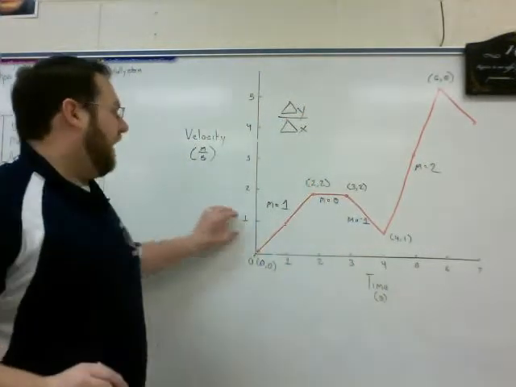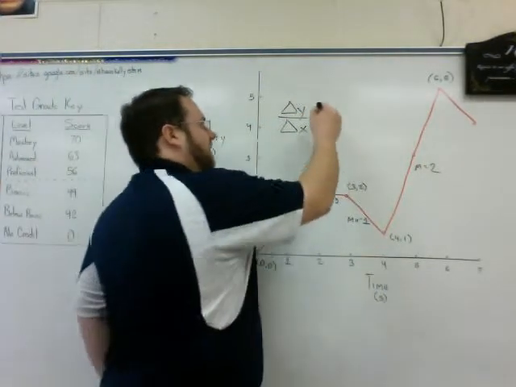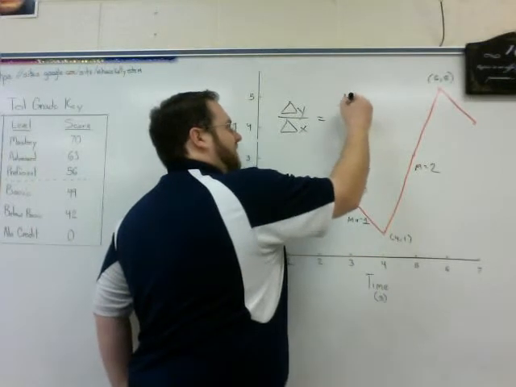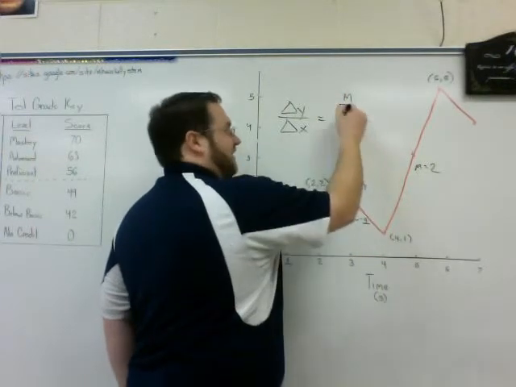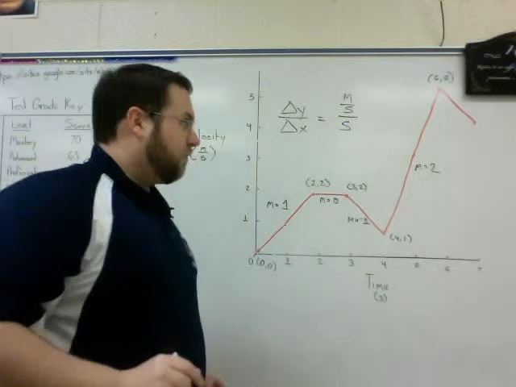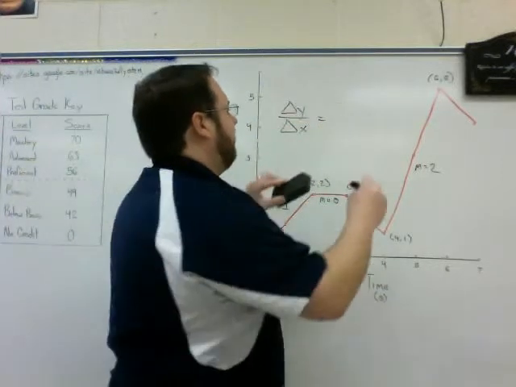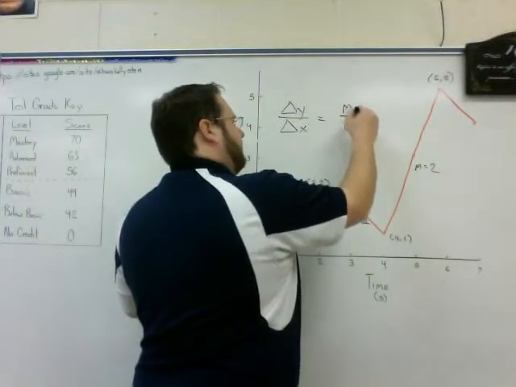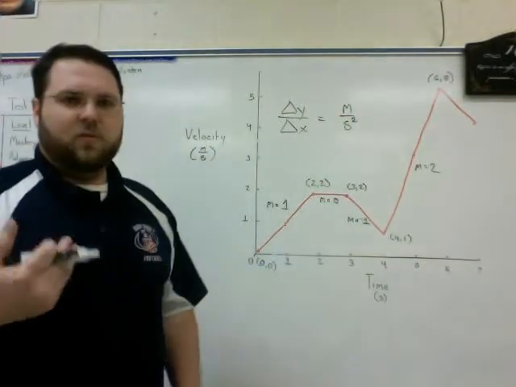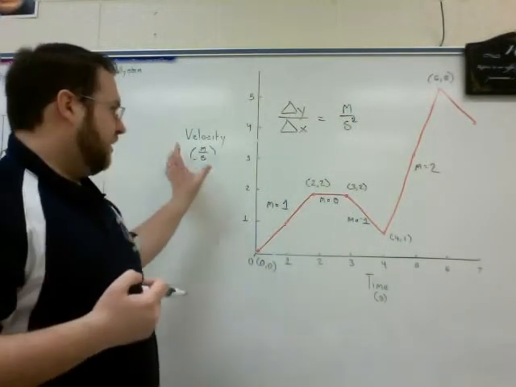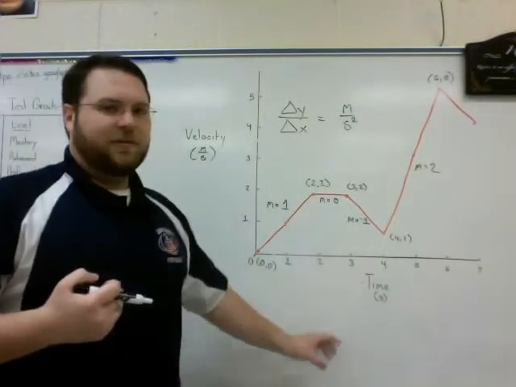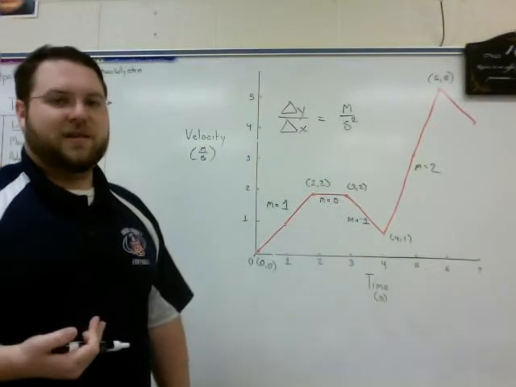My change in y is now going to have units of meters per second, and the change in x is still seconds. So really this boils down to units of meters per second squared. What this tells us is that the slope of a velocity versus time graph gives us our acceleration.